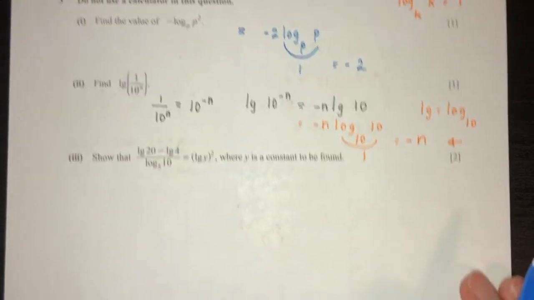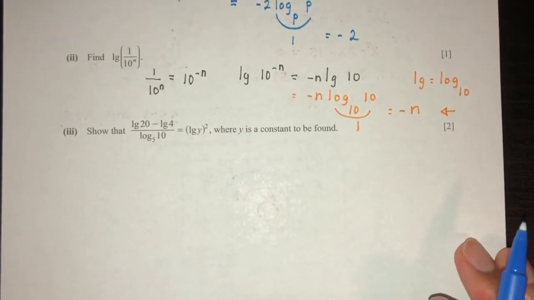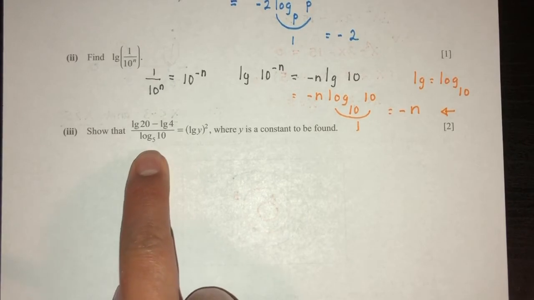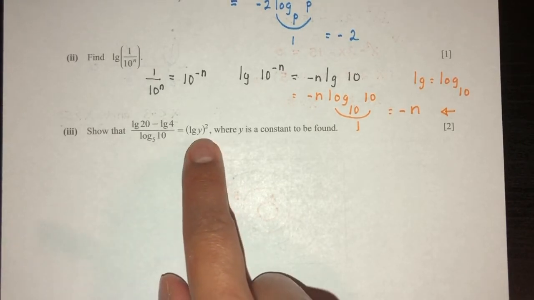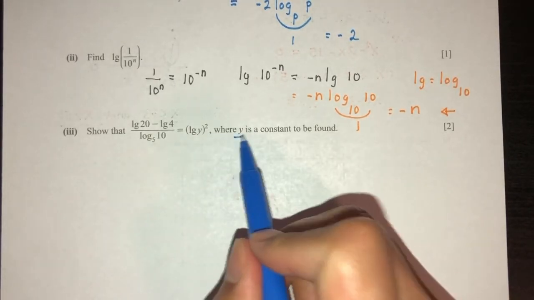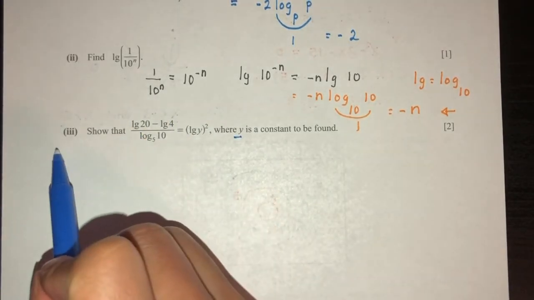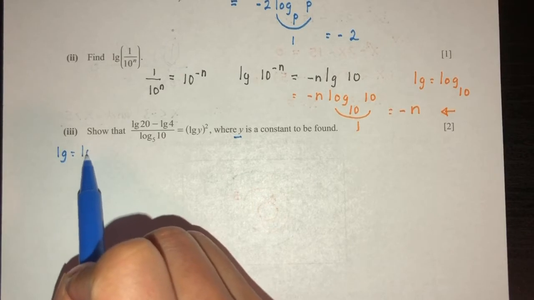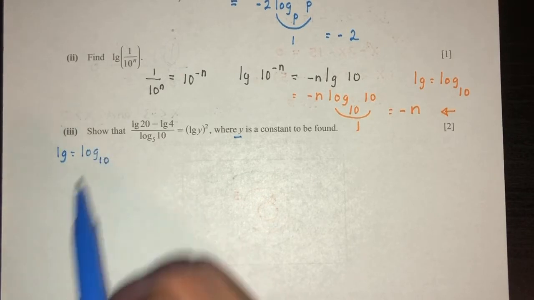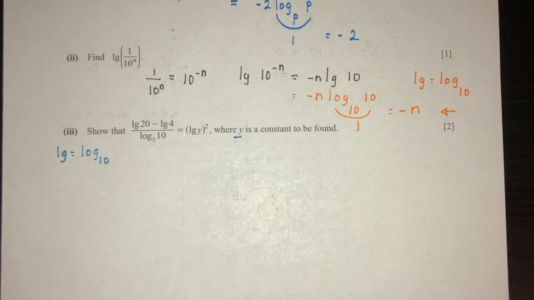Now let's move on to part 3. We have to show that this left hand side is equal to the right hand side, where y is a constant to be found. So let's begin from here. So here we have lg. So lg, again, you know it is log to the base of 10. So we have to first make everything become log to the base of 10, so we can simplify this.